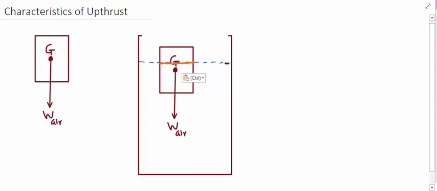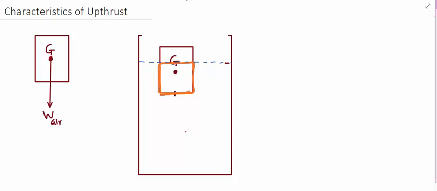This would be the immersed volume. For the time being, let me remove the arrow which shows weight, but keep the point which was the center of gravity. Now, this is the immersed volume.